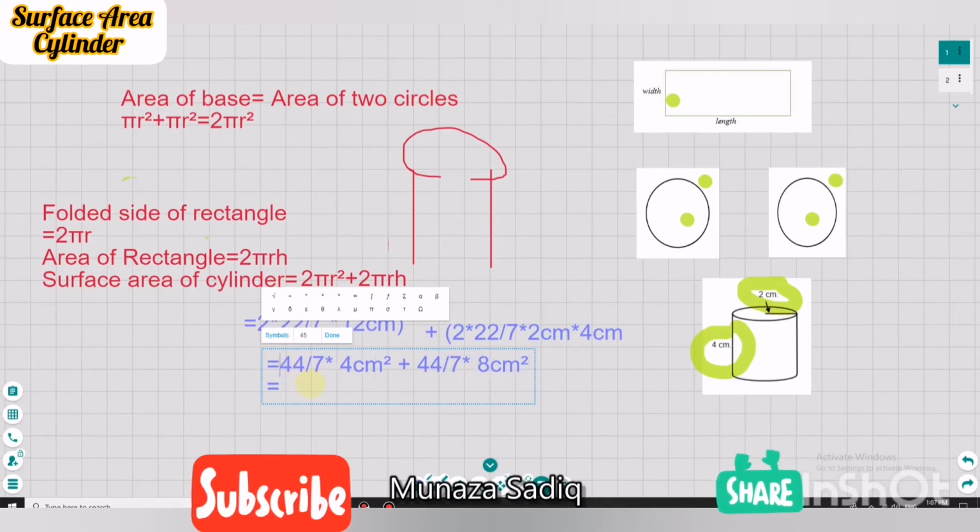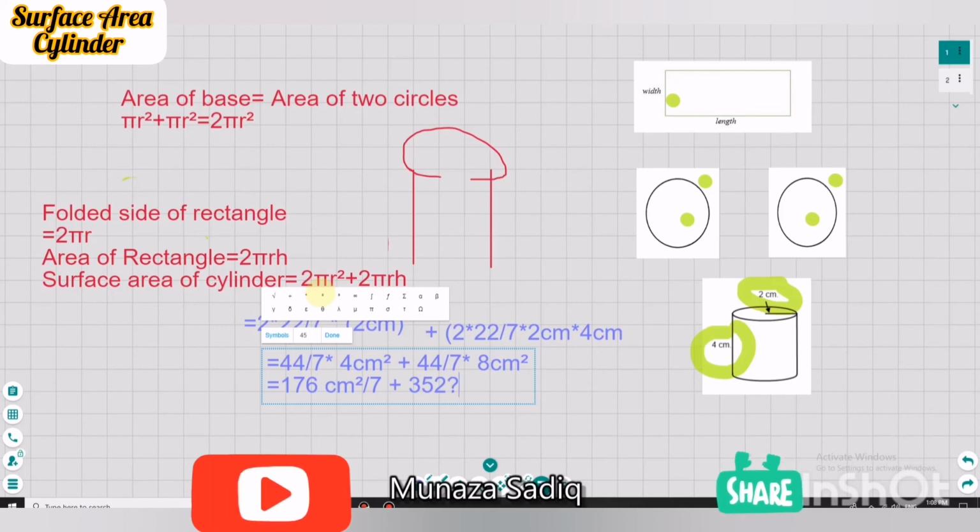So 44 multiplied by 4 divided by 7, you will do, and after this we will add. 176 square centimeter divided by 7 plus 44 multiplied by 8, 352 by 7.